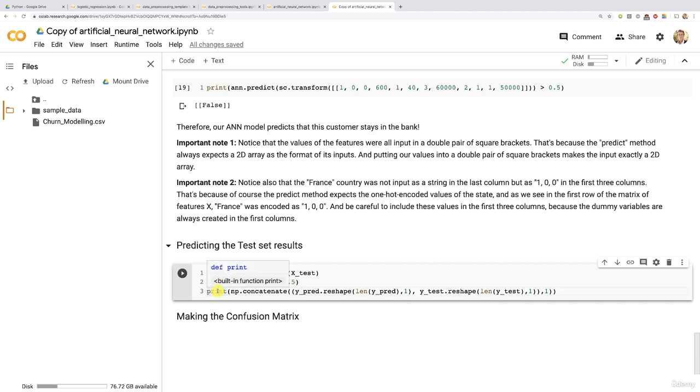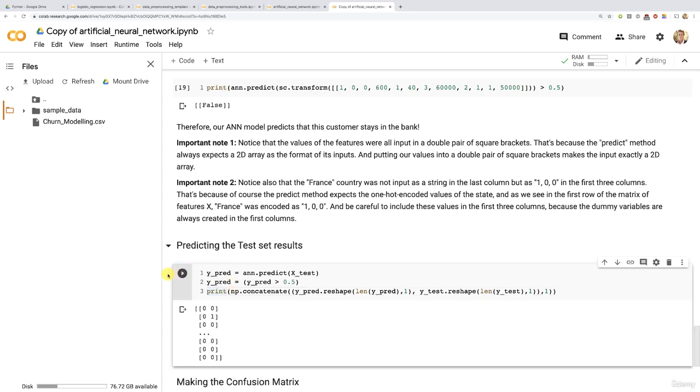All this is good. So let's play that cell and we'll get indeed displayed next to each other, first, on the left the vector of predictions, y_pred, and on the right the vector of real results, y_test. And now we don't have all the results displayed. That's because we have a lot of observations, but we can already see that the predictions look pretty good. That first customer of the test set, be careful, that's all the customers of the test set, while that first customer in reality stayed in the bank and was predicted indeed to stay in the bank.